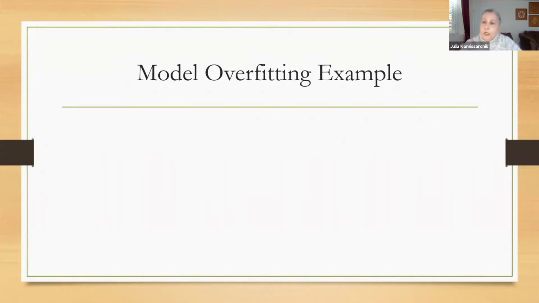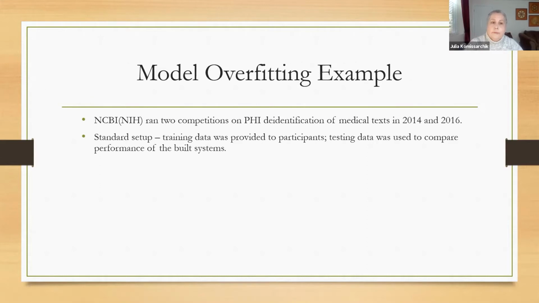So let me give you a real life model overfitting example. NIH, National Institute of Health, ran 2 competitions on PHI identification, and we'll talk about what I mean by PHI identification for medical texts, in 2014 and 2016. It was a standard setup. You have certain training data that you provide to the teams.